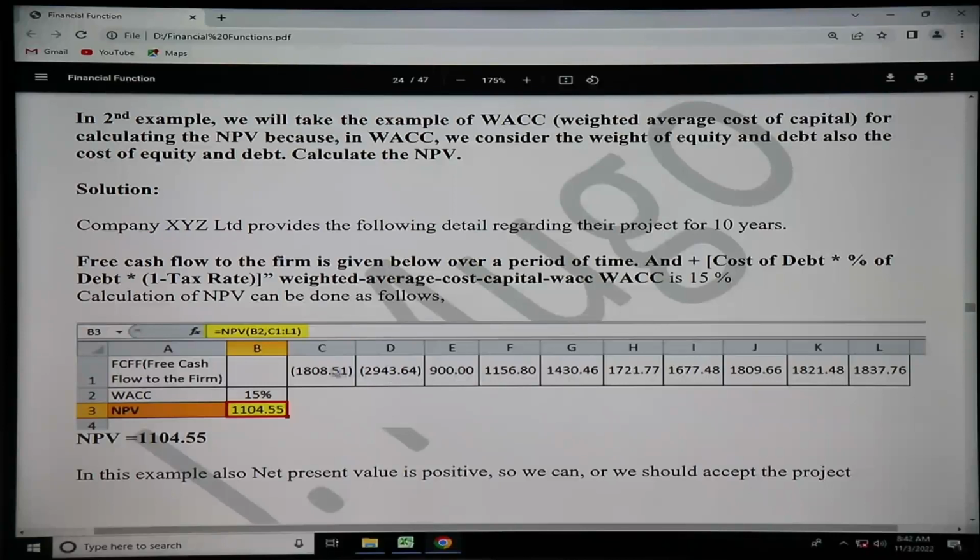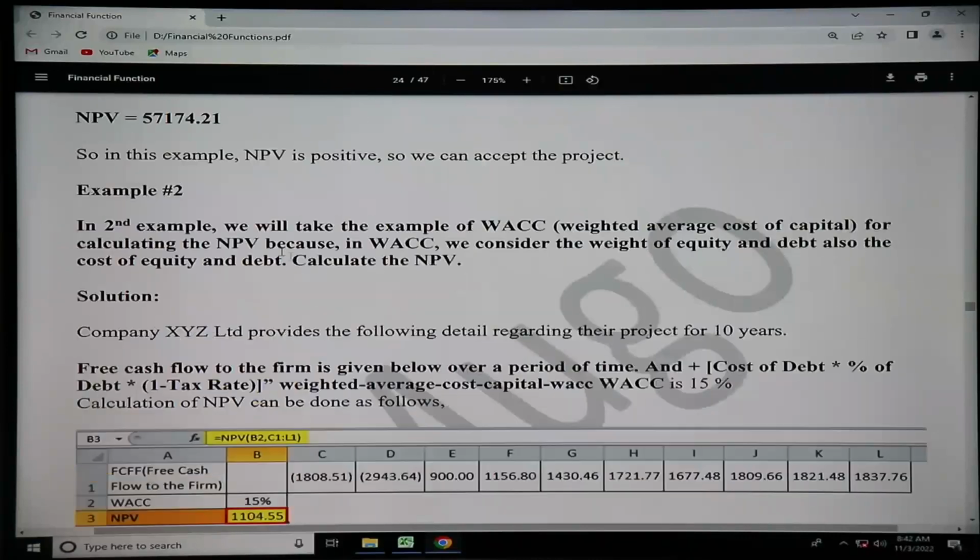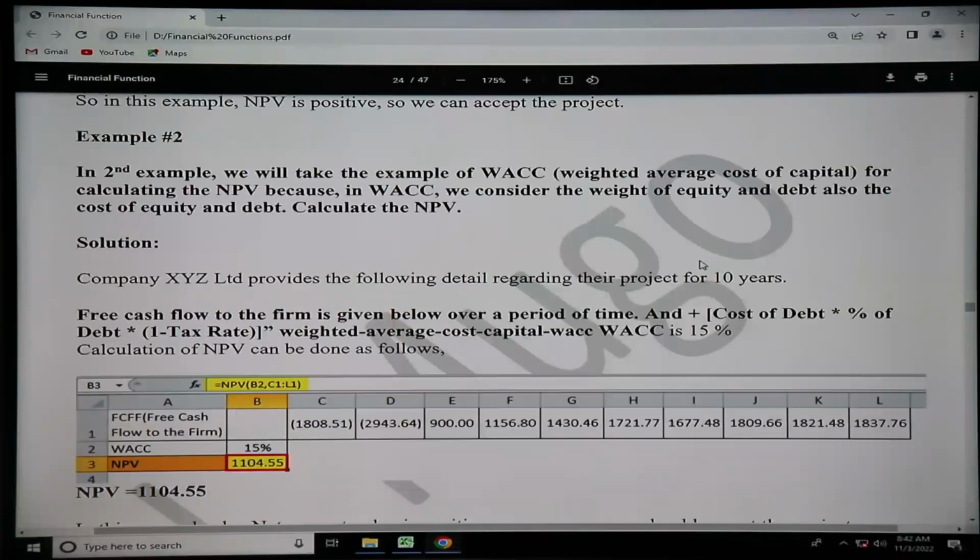Now you are supposed to calculate the net present value for this particular company for 10 years. The weighted average cost of capital was given as 15%. If we're considering that, then you see that we consider the weight of equity and the debt, also the cost of equity and the debt.